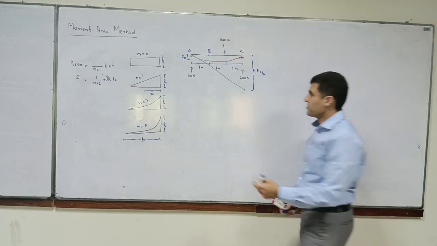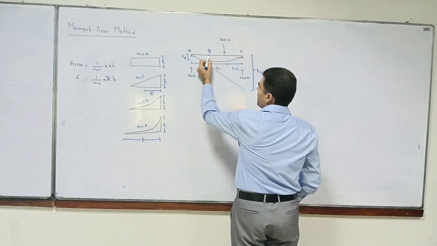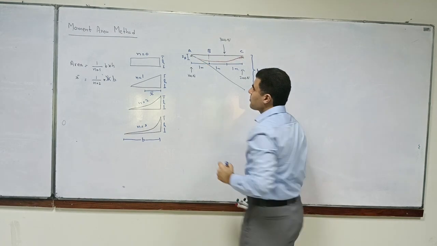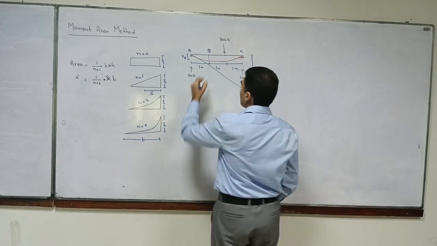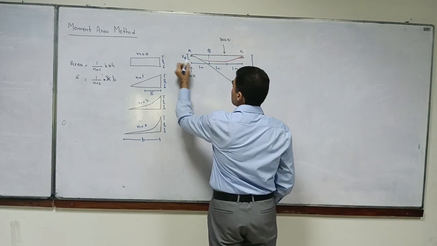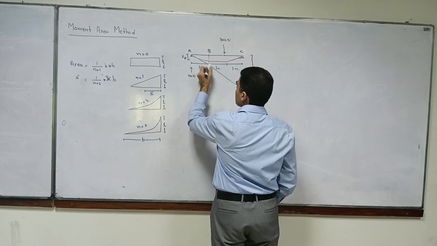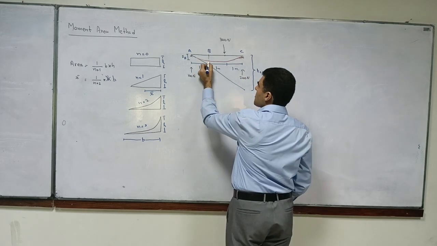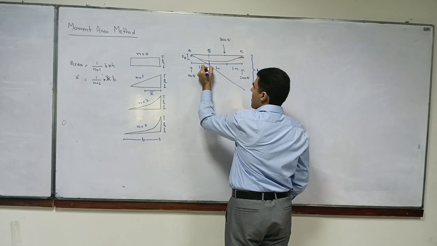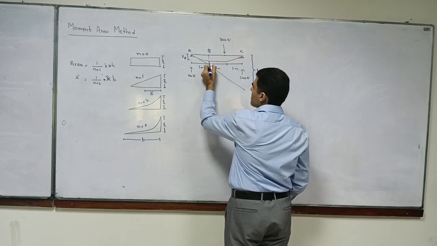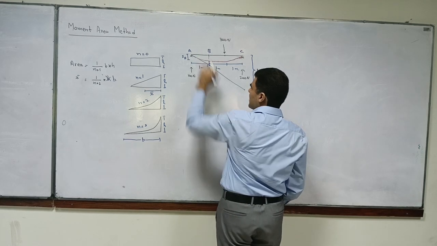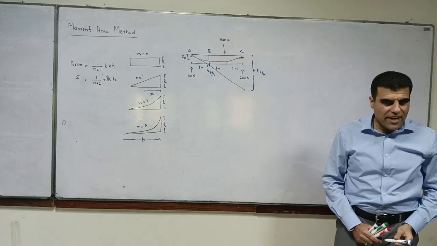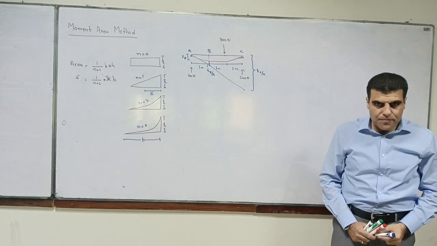What is this? B by A. This is the tangential deviation of B when the tangent is drawn at A. Agreed?